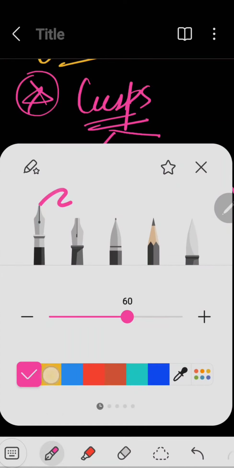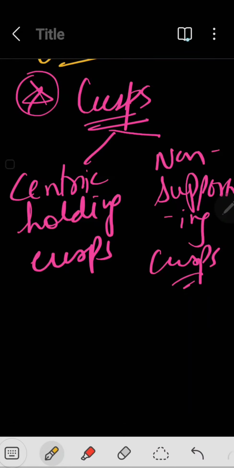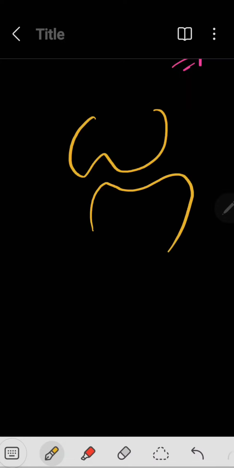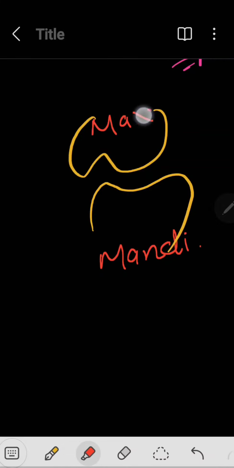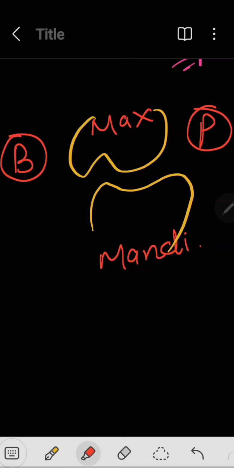I'm giving you a very simple way to learn it. If I draw the maxillary teeth and the mandibular teeth, this is the mandibular posterior teeth, this is the maxillary posterior teeth. This I'm considering to be the buccal side and this I'm considering to be the palatal side.